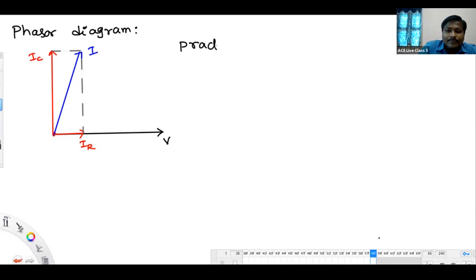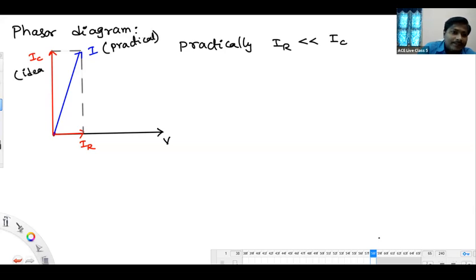Practically speaking, the IR current is very, very small compared to the IC current. I is the practical current in the dielectric material, and IC is the ideal current to be expected.